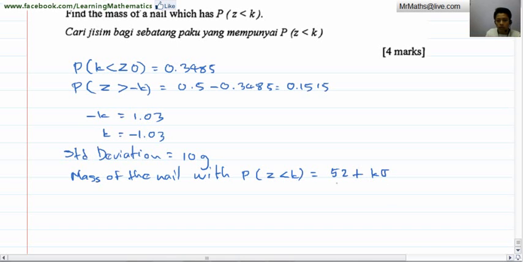K is minus 1.03 and sigma is 10, and that is 52 minus 10.3.